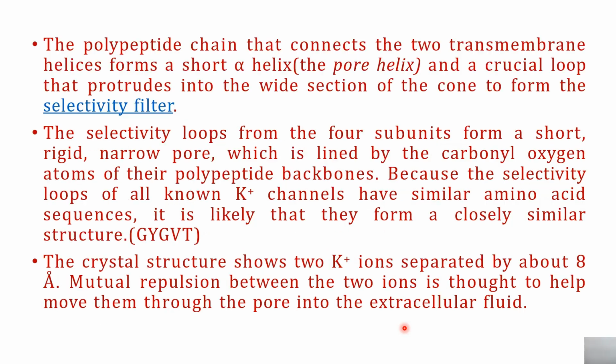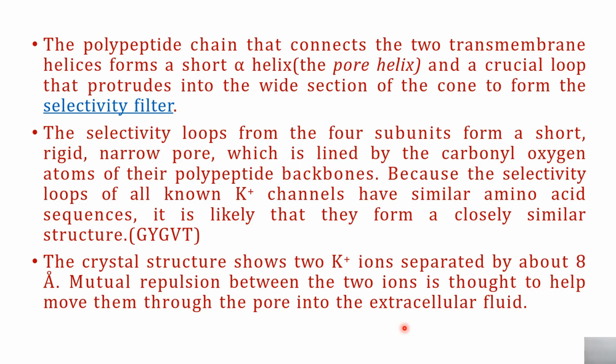Okay, now the polypeptide chain that connects the two transmembrane helices forms a short alpha helix, which is a pore helix, and a crucial loop that protrudes into the wide section of the cone to form the selectivity filter. Right? Now the selectivity loops from the 4 subunits form a short, rigid, narrow pore which is lined by the carbonyl oxygen atoms of their polypeptide backbones.